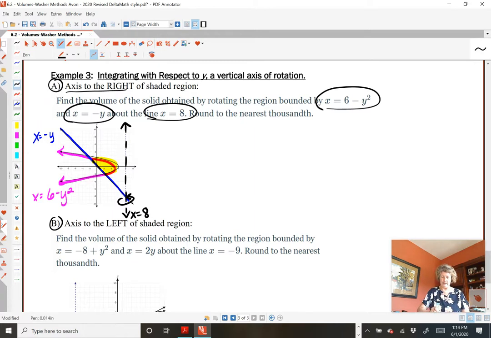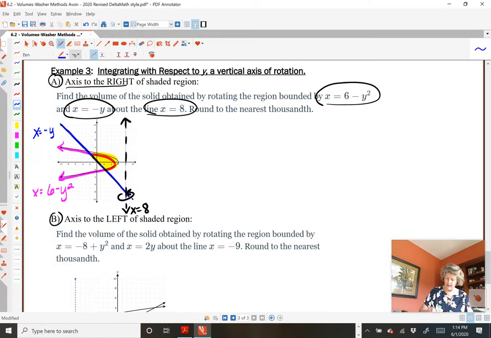Let's talk about big R. So big R can be found by going right minus left. I want to go to that outermost function, and that looks like the linear is the farthest to the left.